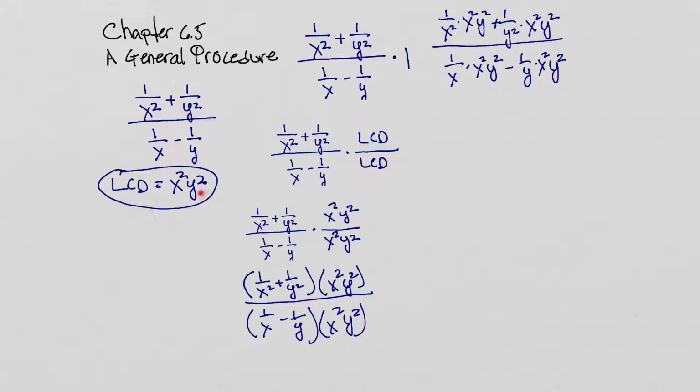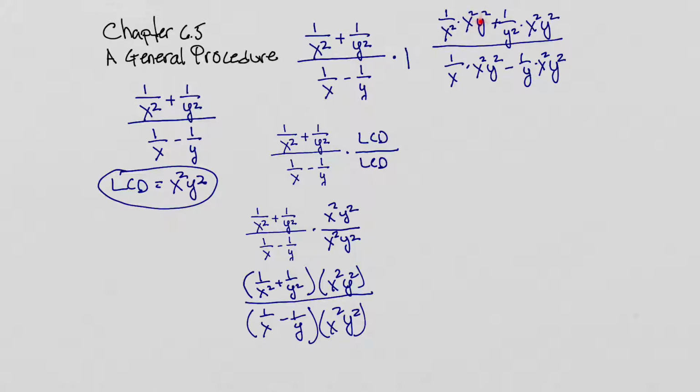You see this LCD back here, right? So we started with our original expression, we got the LCD, and then we multiplied the original expression by 1, but the 1 is in the form of the LCD over the LCD. We distributed the LCD to the top and the bottom, and look where that LCD ends up.